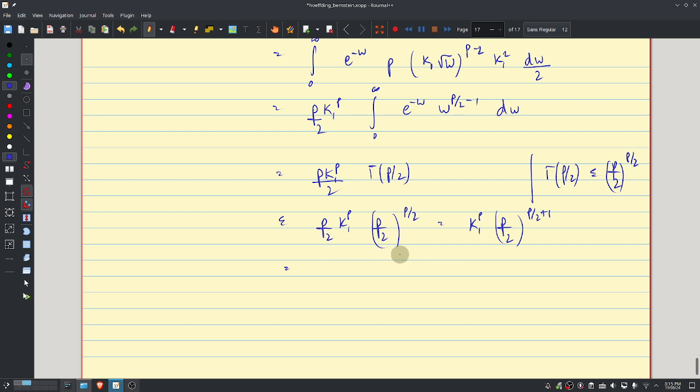So this is k1 by square root of 2 whole raised to p times square root of p whole raised to the p times, I think I still have another p by 2.